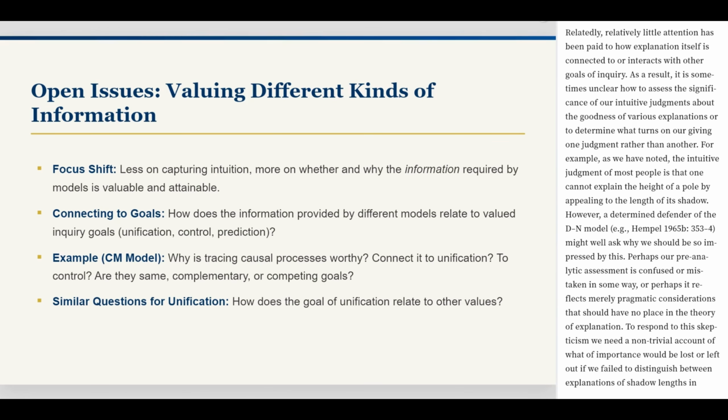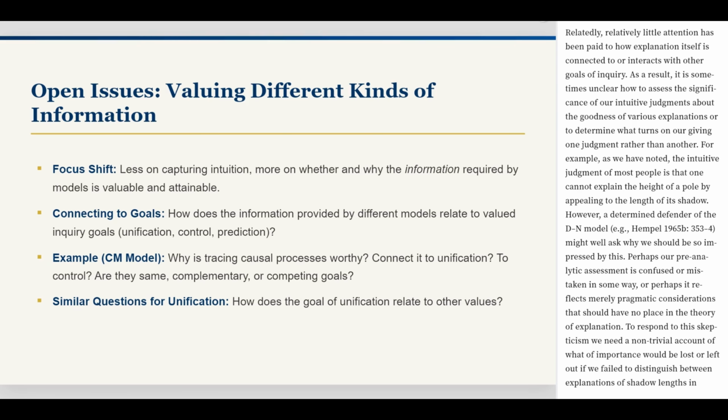Following up on that, Woodward suggests a shift in focus. Instead of just asking if a model matches our intuitions, let's ask what kind of information the model prioritizes, and why is that information valuable? How does the information provided by, say, Salmon's causal processes relate to other things we value in science, like unifying theories or gaining control over phenomena?